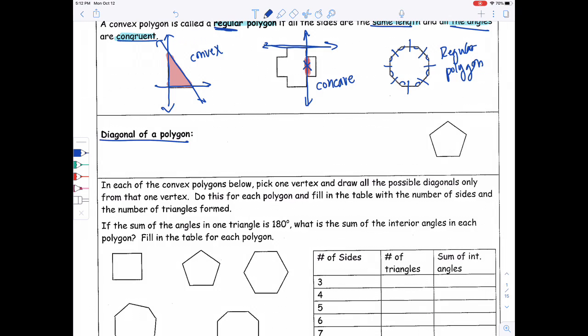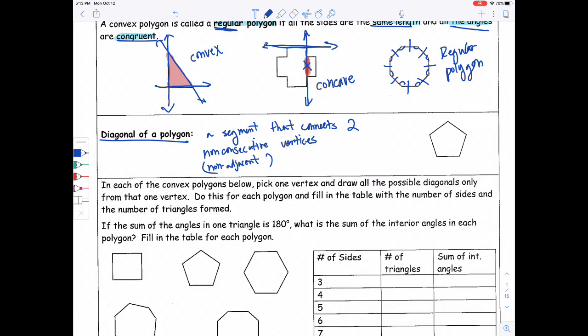So the diagonals of a polygon is just a segment that connects two non-consecutive vertices. You can leave it as non-adjacent as well. So that means vertices that are not next to each other.